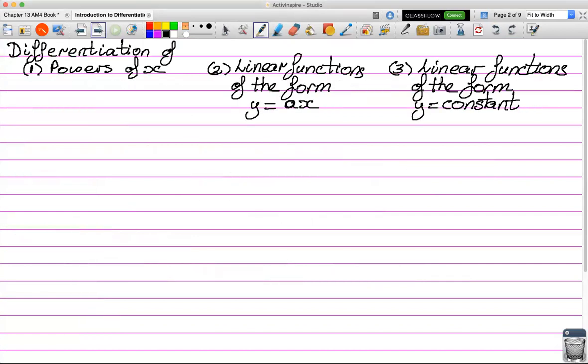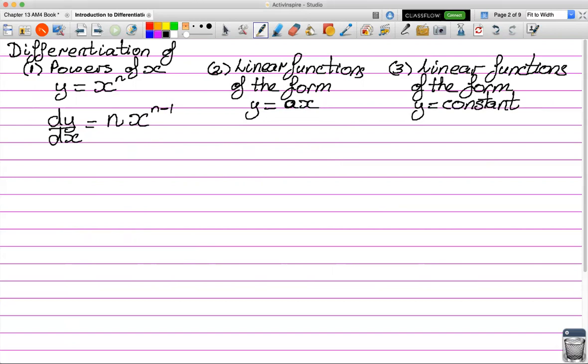Now moving on to page 2. And on page 2, quick reminder of last week, we have to be able to differentiate three distinct functions. Power of x, which is y equals x to the power of n. When you differentiate the y, you get dy dx. And when you differentiate a power of x, you multiply by the power, and then you put the power down one.